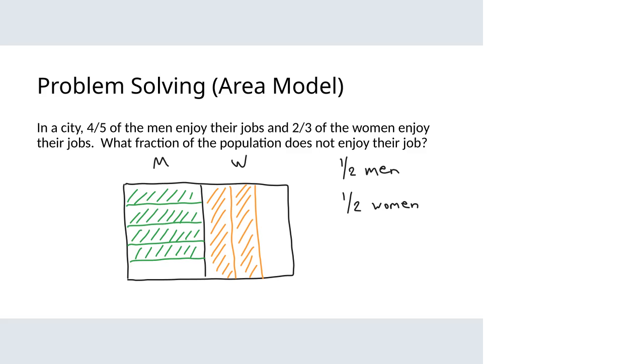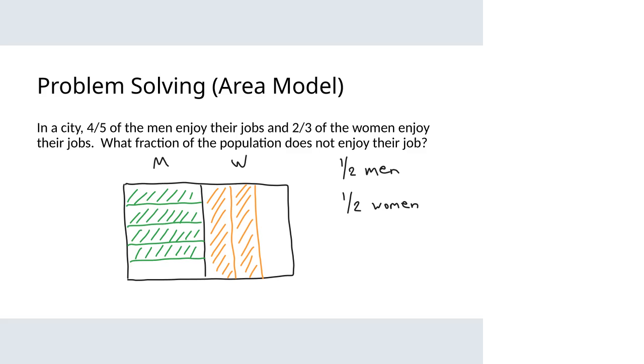In order to do this, we want to cut this up so that every piece of the picture is the same size. Instinctively, you may not have thought to shade women the opposite direction of the men here, but it's an important thing to do. The reason is by cutting this both directions, we can make everything the same size.